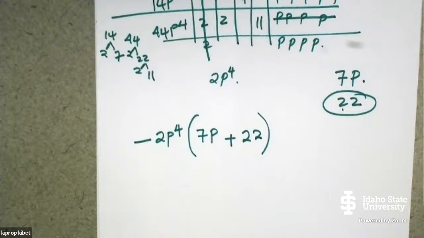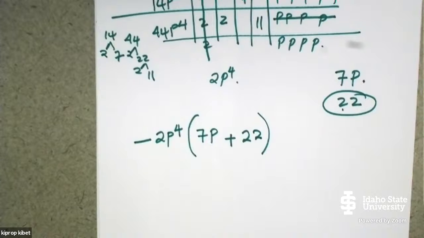But now, something like the other one can have a remainder. Let's say we have 14 here and p raised to 5 here.